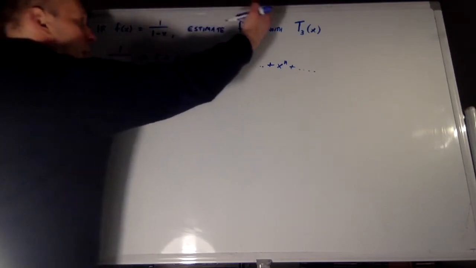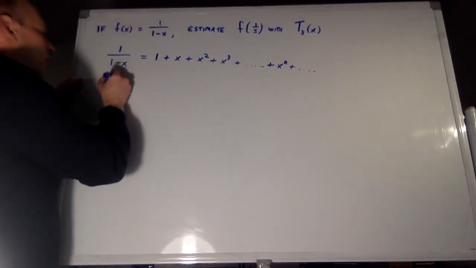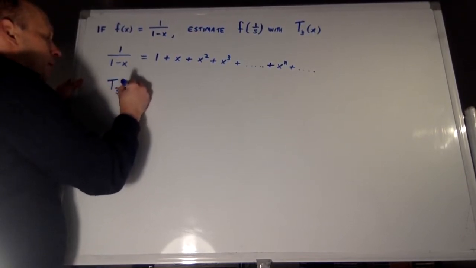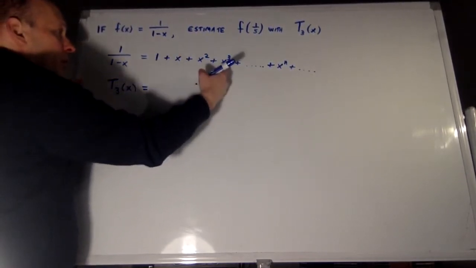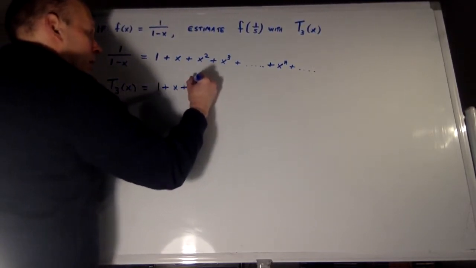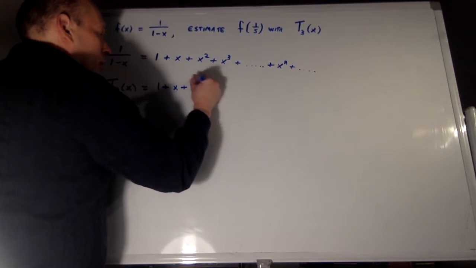So it says to use it with a 3rd degree Taylor polynomial. So the 3rd degree Taylor polynomial is going to be the terms up to x cubed. So 1 plus x plus x squared plus x cubed.